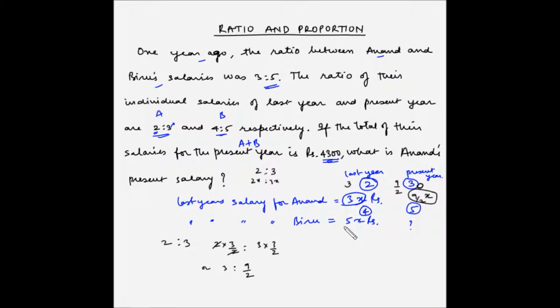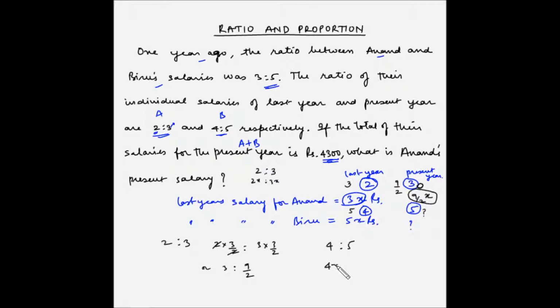Similarly, for Biru, last year's salary was 5x, but the ratio is 4 is to 5. So somehow we have to make this 5, and we have to find out how much will the present salary ratio become. So the ratio is 4 is to 5. Let's multiply both the numbers by 5 divided by 4.